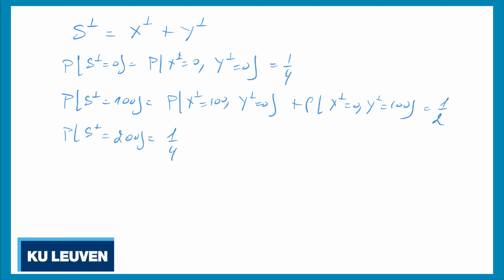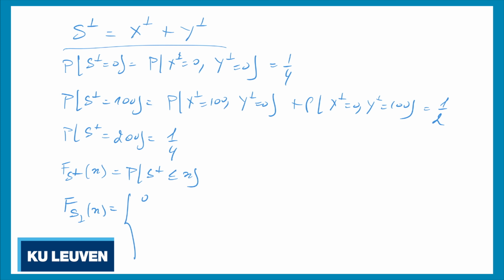If we then use that the CDF F_S independent in some variable x is the probability that S is smaller or equal than x, then you directly find that this CDF is given by the following expression. It's equal to 0 if x is smaller than 0, because X and Y are both 0 or 100, so for your sum you never can get anything negative.